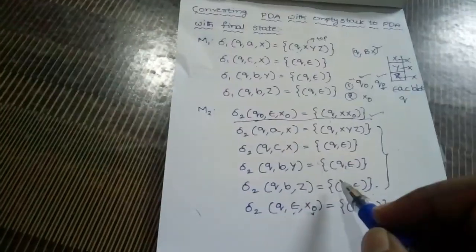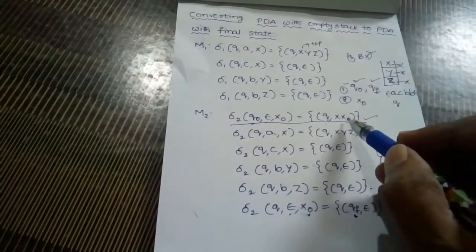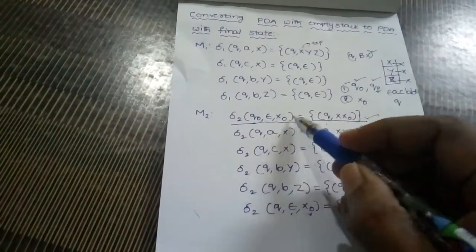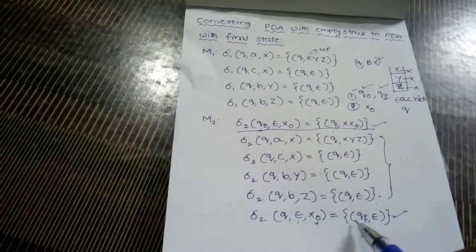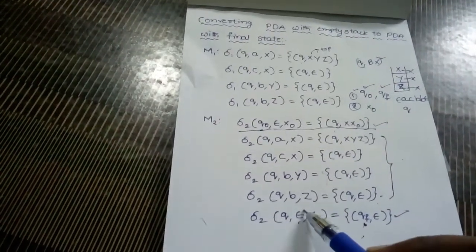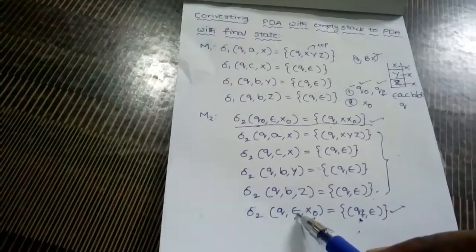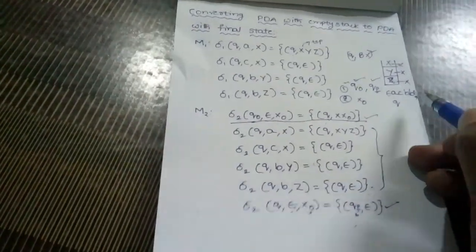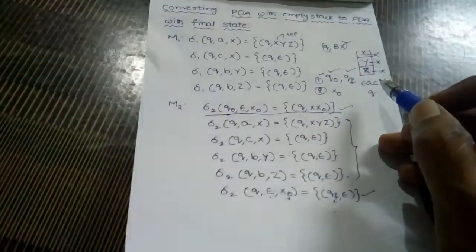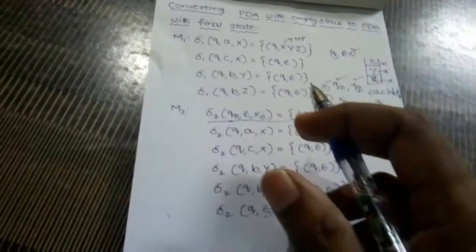At the end we are deleting this X naught by using the last move. We are entering into QF, and we are taking the input symbol for deleting X naught, that is the last symbol, epsilon. So this is how we have to convert. Okay, thank you.